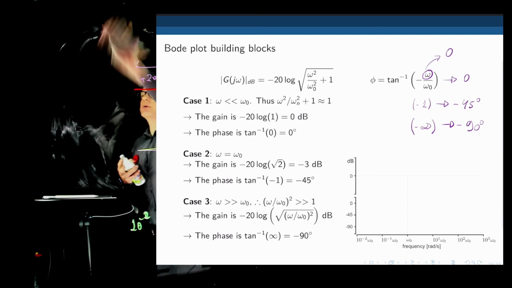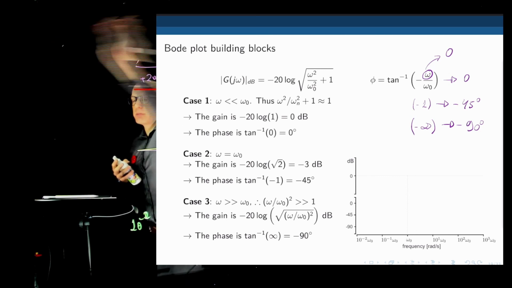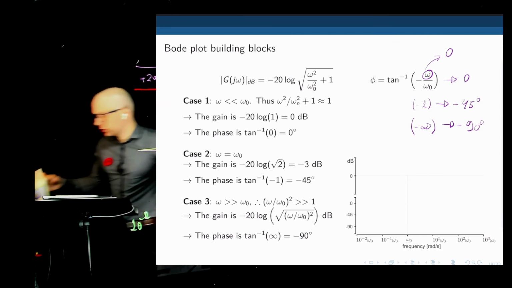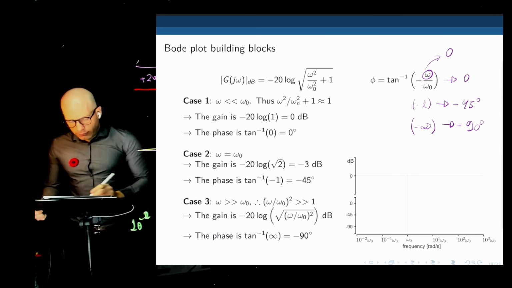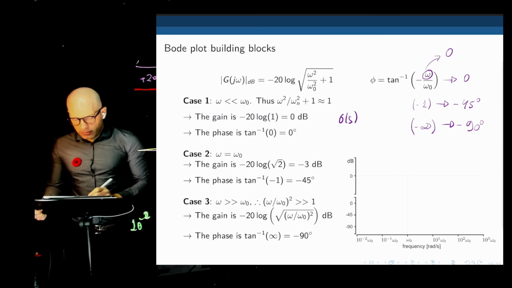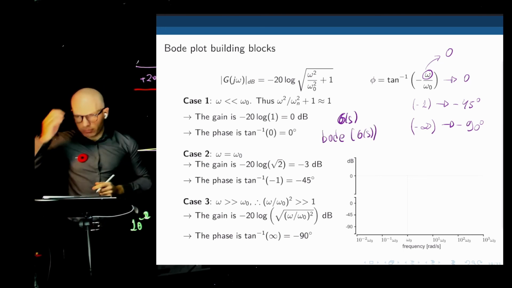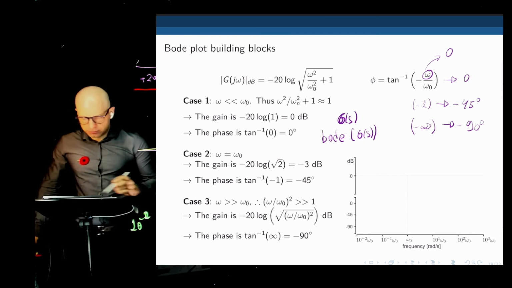And of course, if you want to do this in MATLAB, the command in MATLAB is simply bode(G), where G is your transfer function, and it should plot the Bode plot for you. So if you define a function G(s) in MATLAB, then bode(G) shows the Bode plot. You're welcome to use that to check your results.